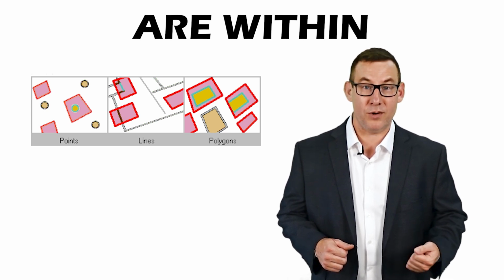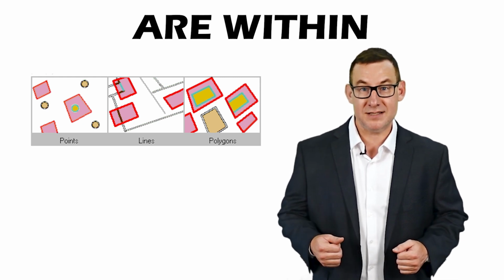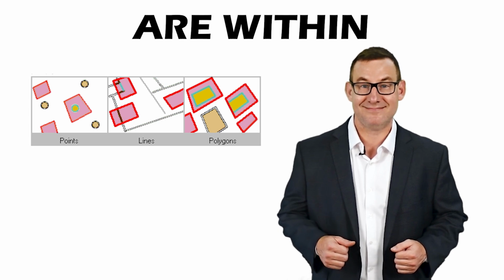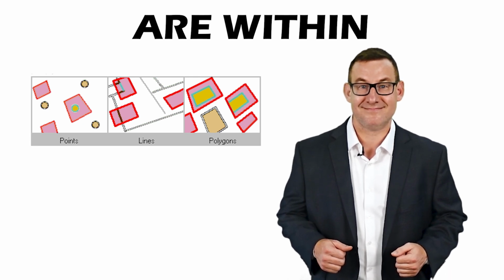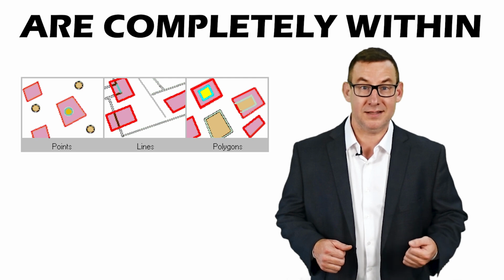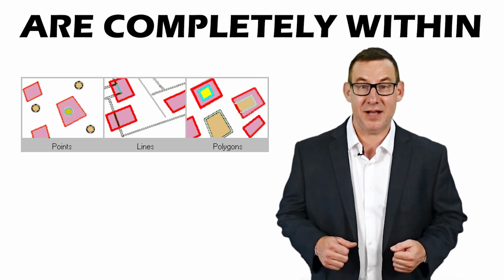Using the are within parameter, the geometry of the target feature must fall inside the geometry of the bounding feature, including its boundaries. Are completely within. Using the are completely within parameter, the source feature must be completely inside the bounding feature and not share a boundary with another feature.